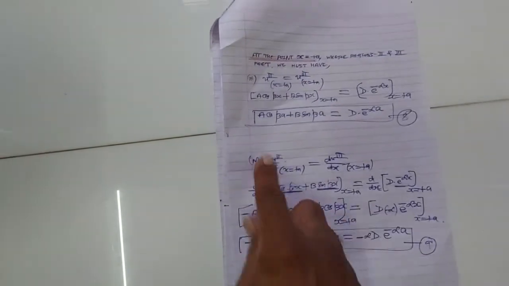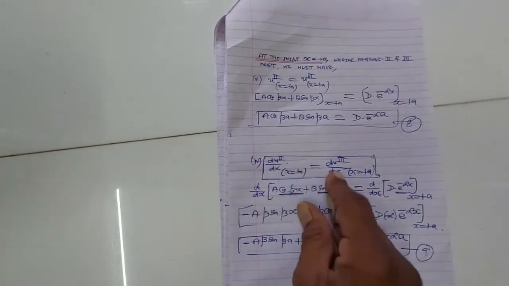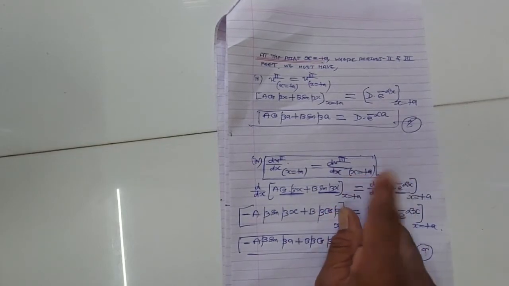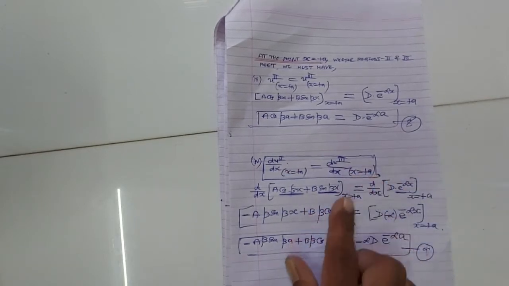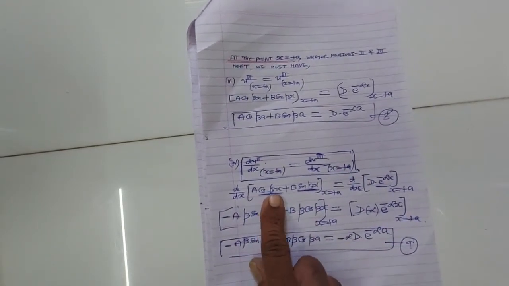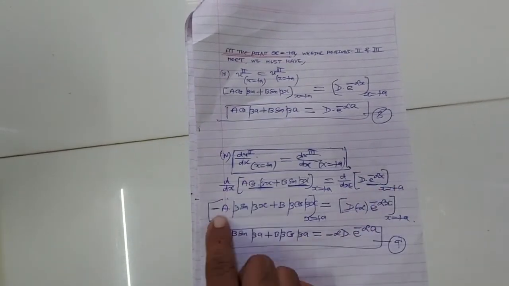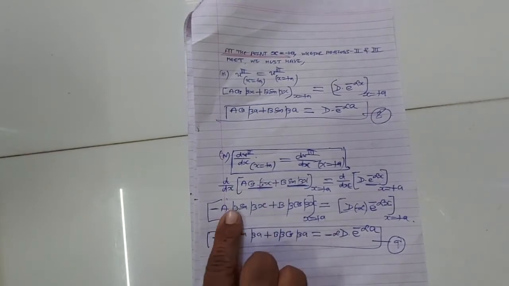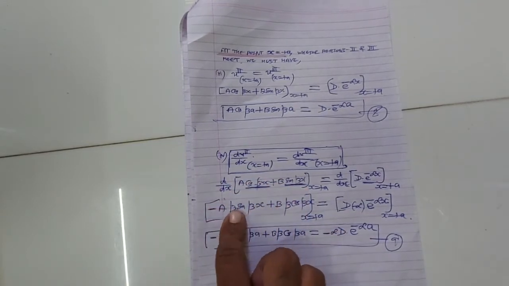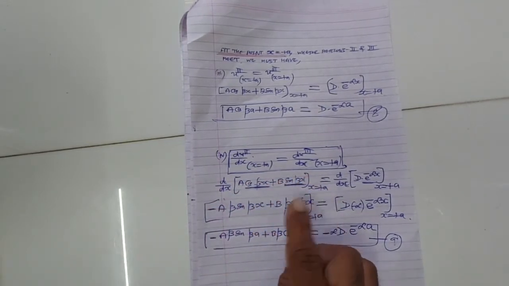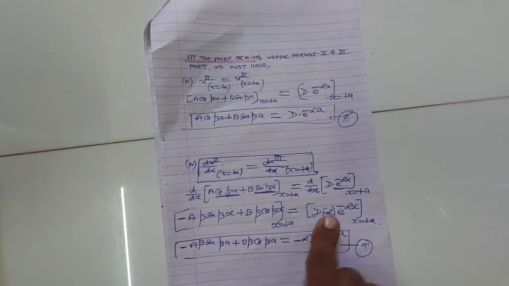And the last condition: du2 by dx is equal to du3 by dx at the point x equals plus a. So d by dx of u2, a cos beta x plus b sin beta x, is equal to d by dx of u3, d e raised to minus alpha x. a is constant, and the derivative of cos beta x is minus sin beta x into beta. b is constant, and the derivative of sin beta x is cos beta x into beta. d is constant, and the derivative of e raised to minus alpha x is e raised to minus alpha x into minus alpha.